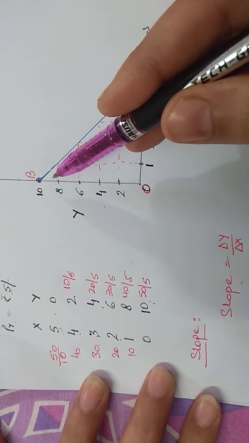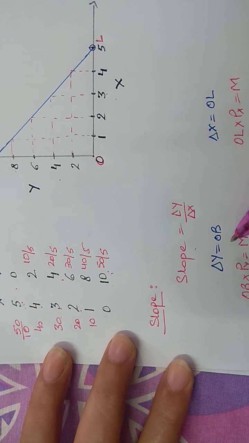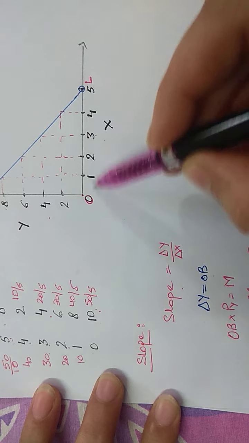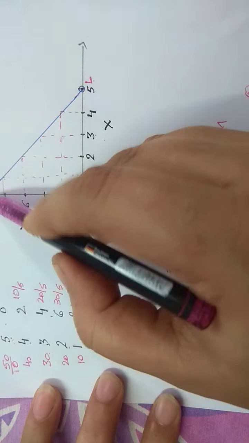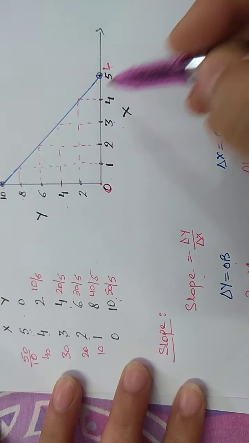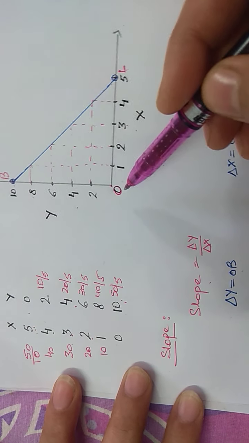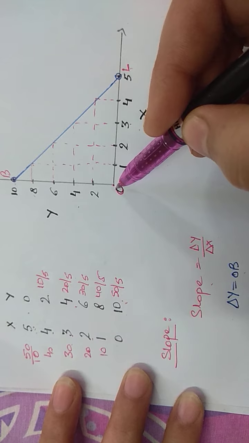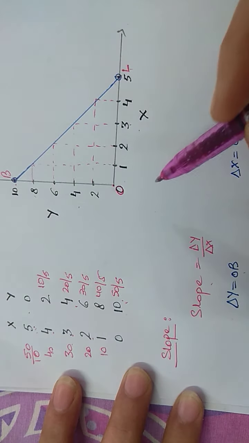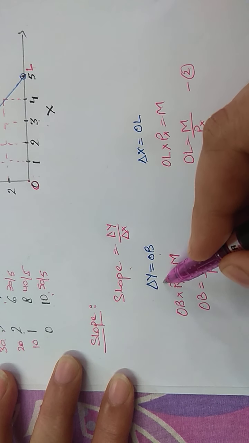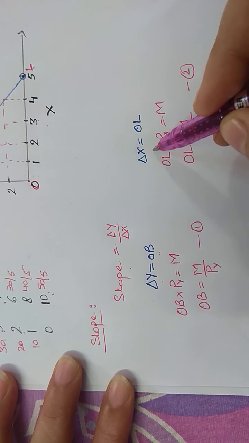Change in y is equal to OB, and change in x from this point to this point is OL. This is written here as delta y is equal to OB and delta x is equal to OL.